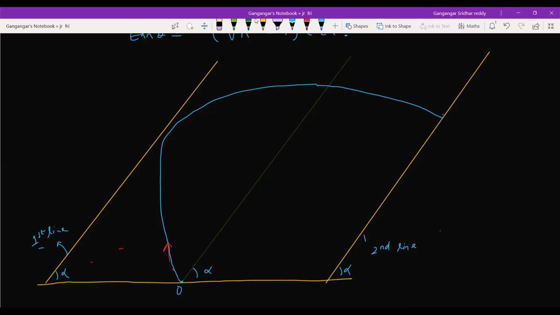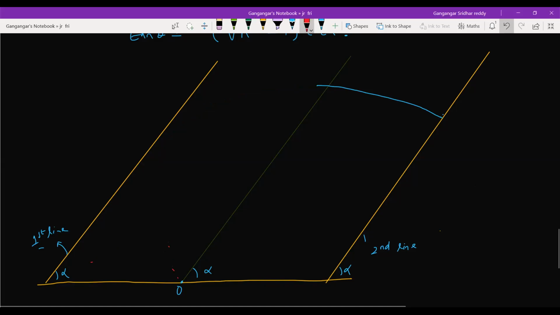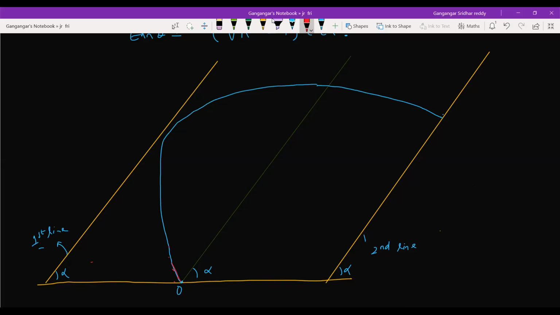Okay, I'm making things clear. Let this be theta. So here it is grazing. I'll draw some thick line.